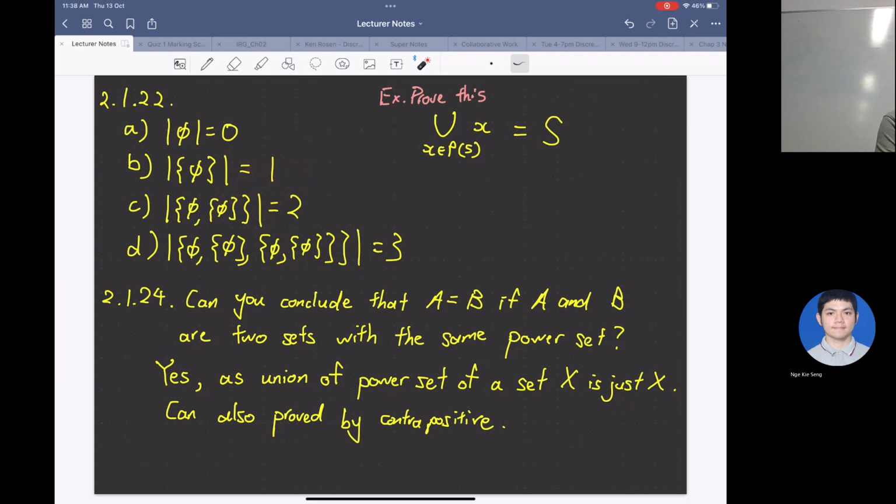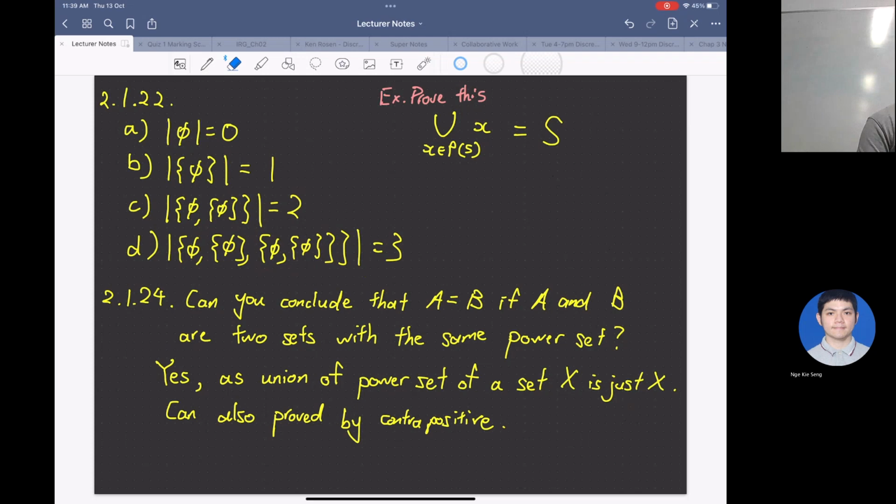So the cardinality of the set containing the empty set, the set of the empty set, and the set containing the empty set and the set of the empty set is 3, because you have 3 elements here. So it's 0, 1, 2, 3.